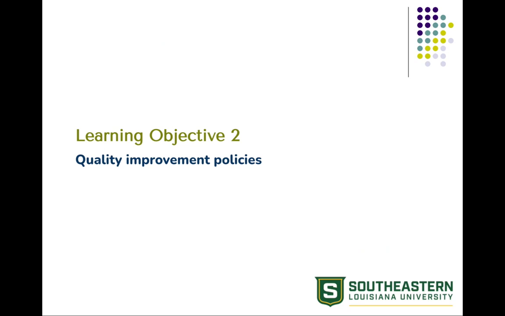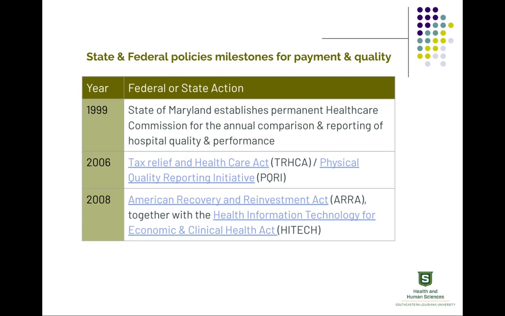So, going right into learning two. There are a couple of federal policies that have looked at payment and quality, the intersection of that. A lot of what I'm going to introduce here is going to be federal laws.